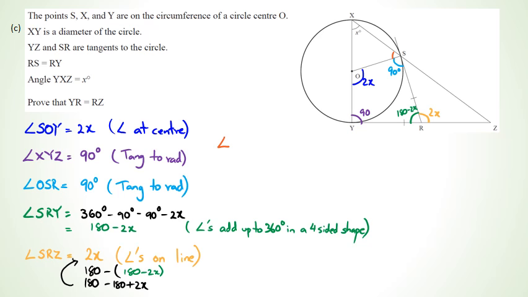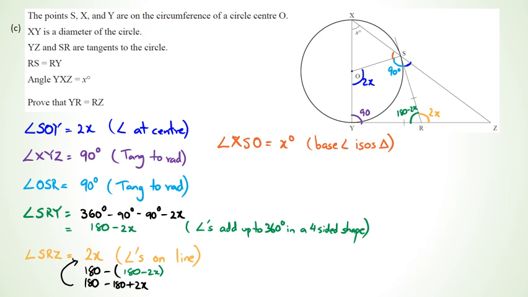Now angle XSO is actually x degrees because it's base angles of an isosceles triangle, which means going all the way around, I can figure out what angle RSZ is.